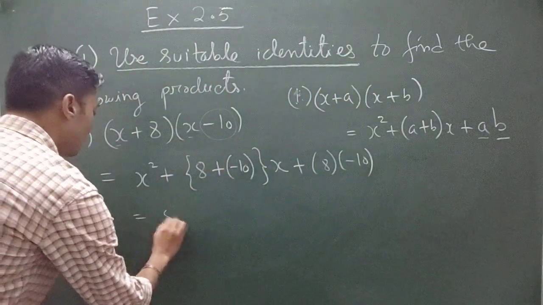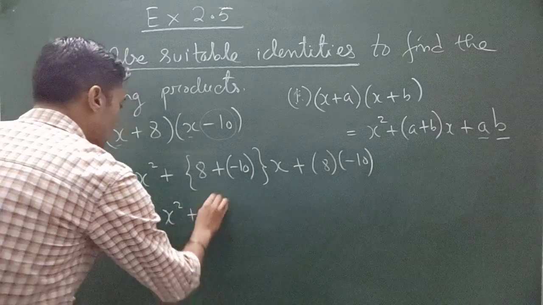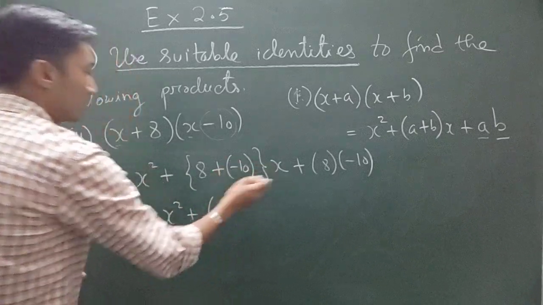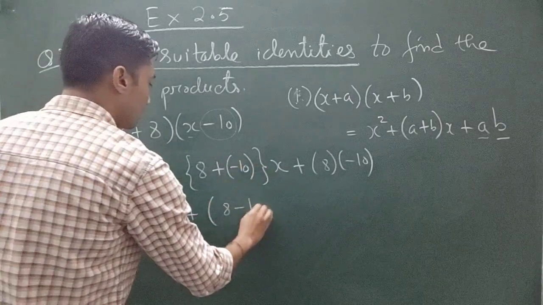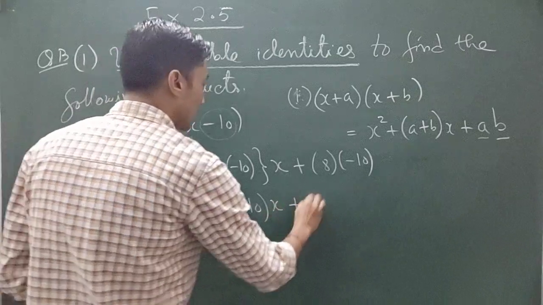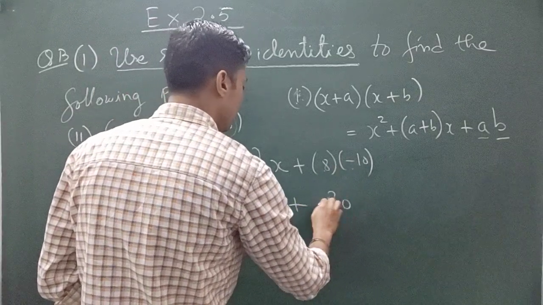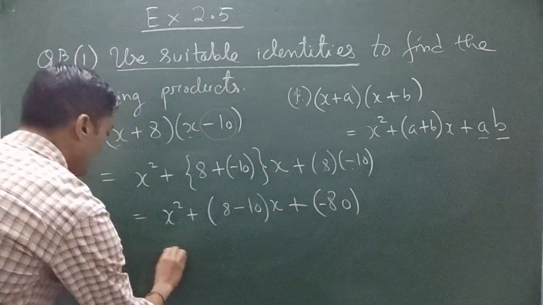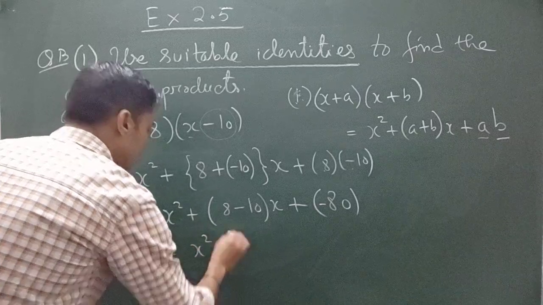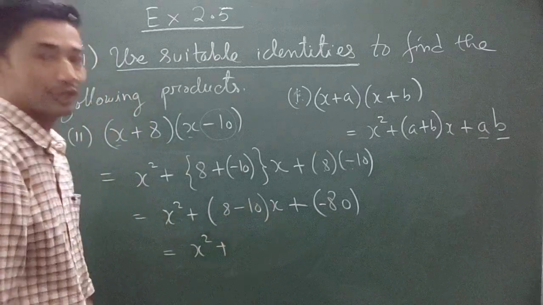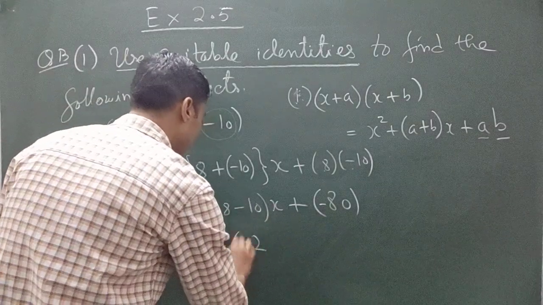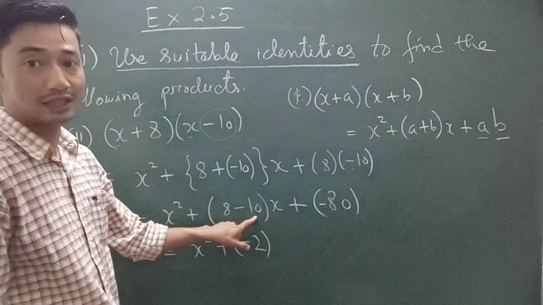So that's going to be x squared plus, now I can use the second bracket, 8 minus 10 into x plus 8 tens are 80, plus into minus, minus. So x squared plus 8 minus 10, that will be minus 2, because the value of 10 is bigger and 10 has a negative value.